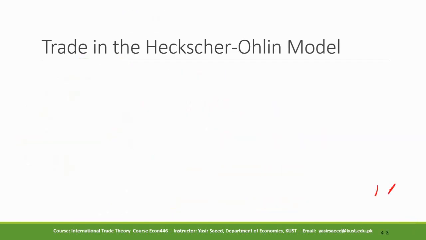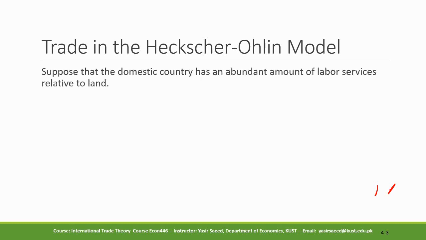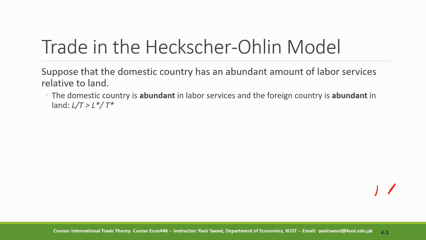Now remember that the basic idea of the Heckscher Ohlin model is that countries have different factors of production. In some countries we may have more labor as compared to land. In our model, we assume that the domestic country is abundant in labor services, whereas the foreign country is abundant in land resources.